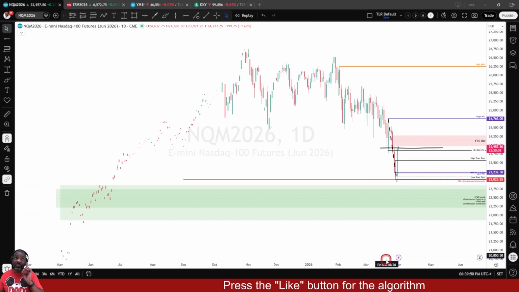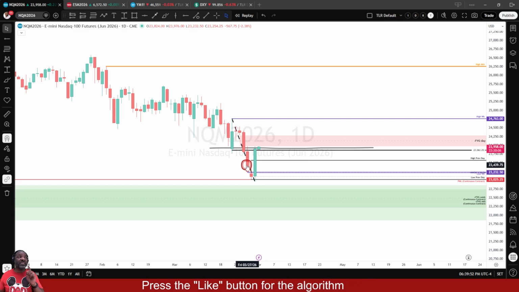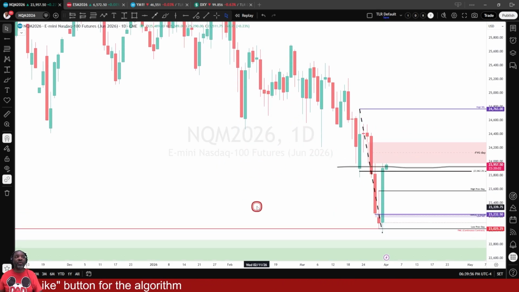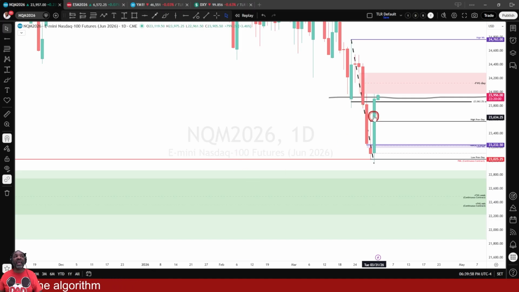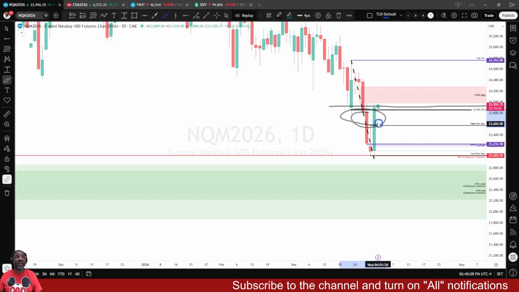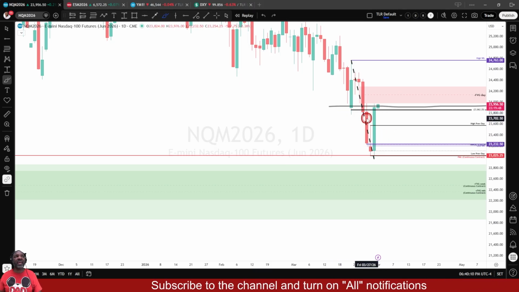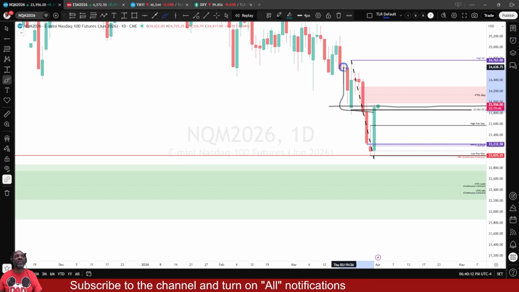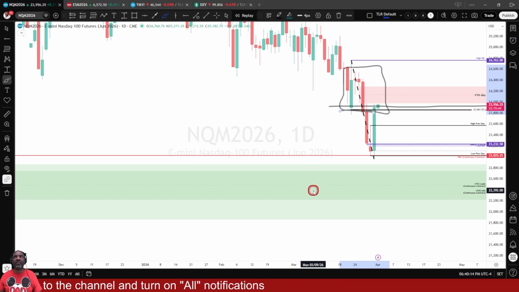And notice, remember, what did I say about this SIBI from Friday the 27th? I said that we rallied up and created an inversion fair value gap right here, right? What's significant about that? This is the first imbalance that was created after leaving this area right here.